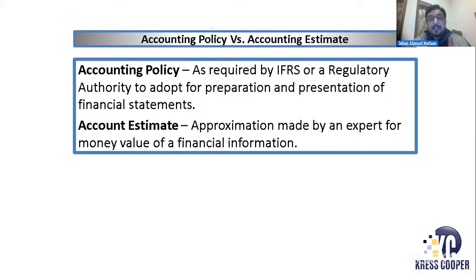The accounting estimate is made by an expert having relevant knowledge and expertise, whereas the accounting policy is advised or imposed by the accounting standards the entity is following, or by the regulator in the economy in which the entity is working.